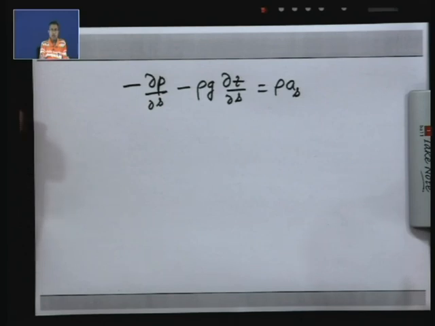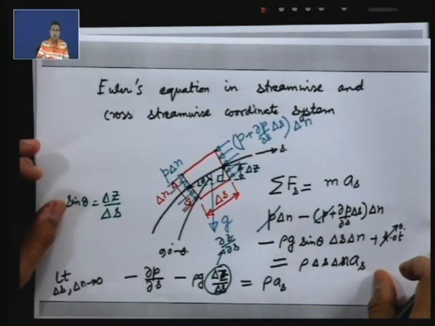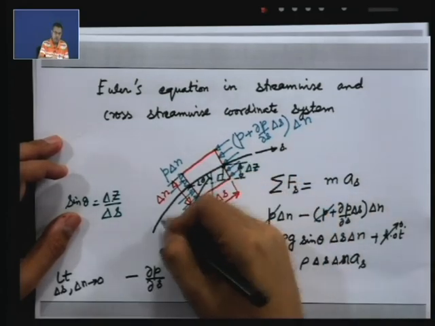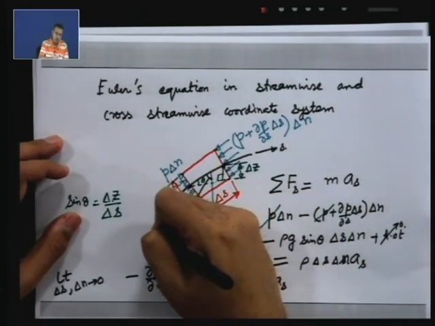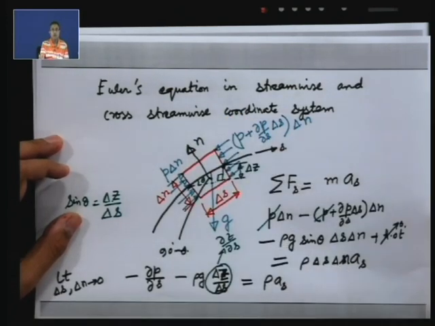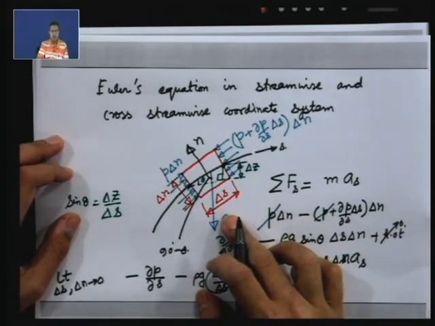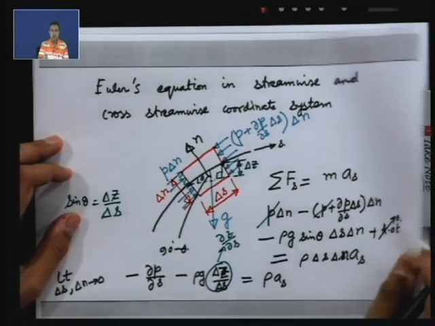If we consider the n direction, so what is the n direction? If this direction is s, orthogonal to that is the n direction. Same type of force balance you can apply in this figure. We have shown force balance along s, but we can show force balance along n.